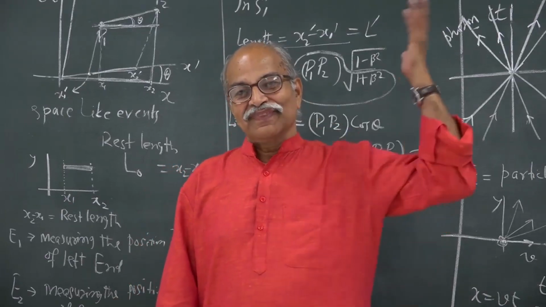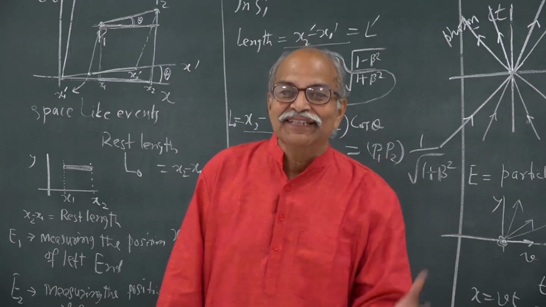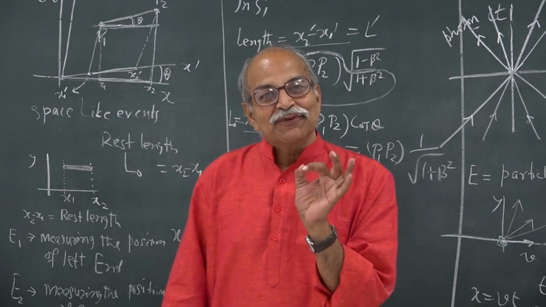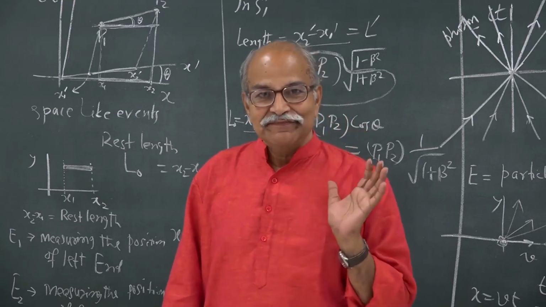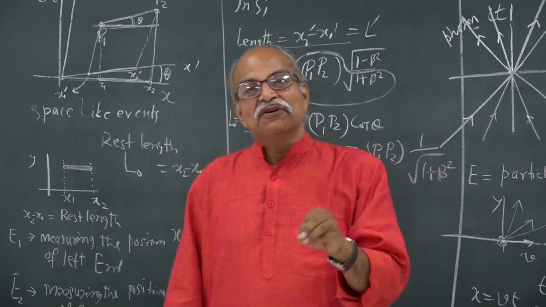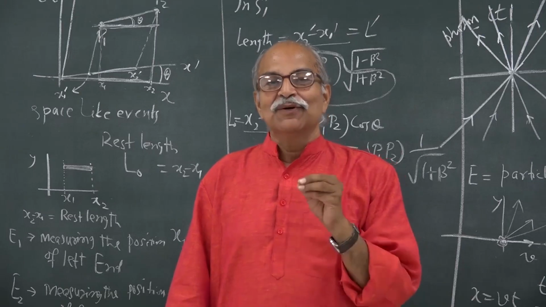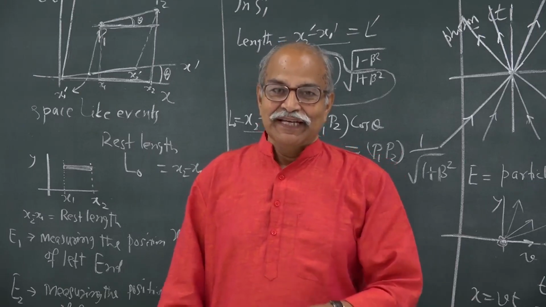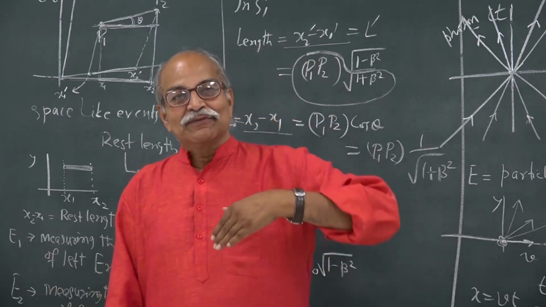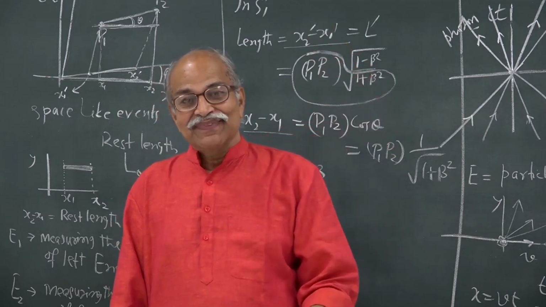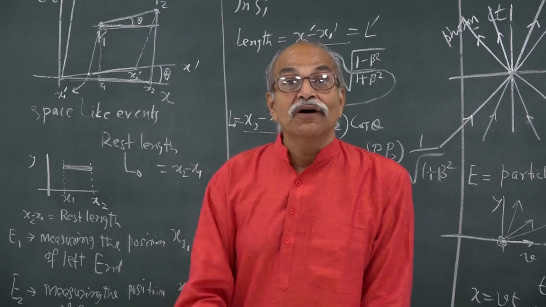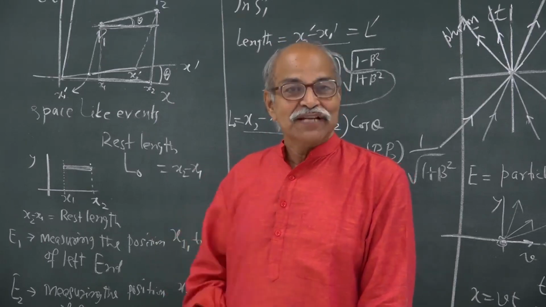Now, if you revise and recall how we started, it started from a very modest observation, and that was that the speed of light is the same in all inertial frames. The Michelson-Morley experiments supported this, and then the theory, Maxwell's equations, also tells that the speed of light is an absolute constant irrespective of which frame you are in.